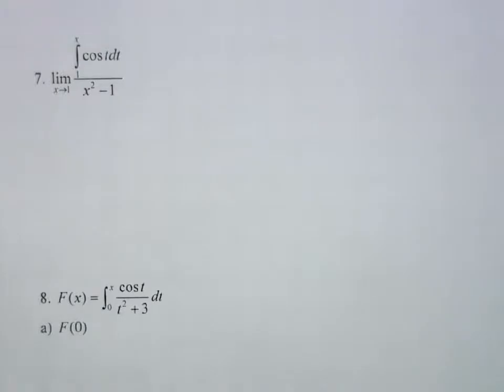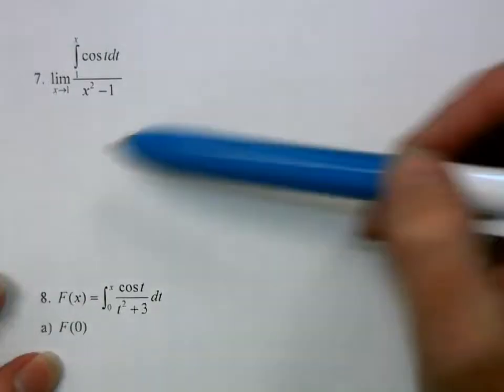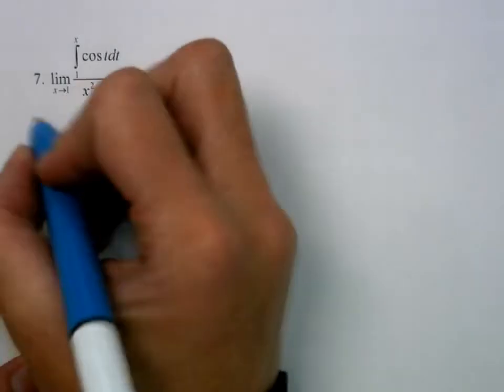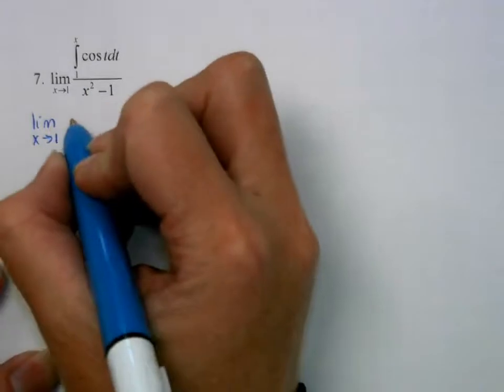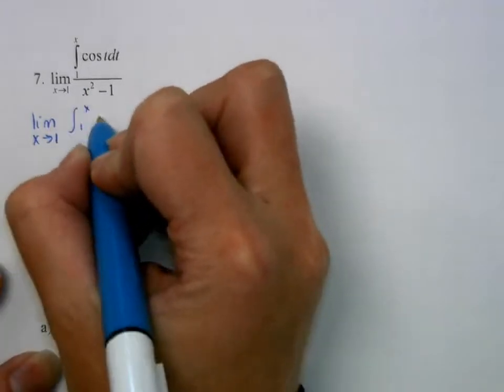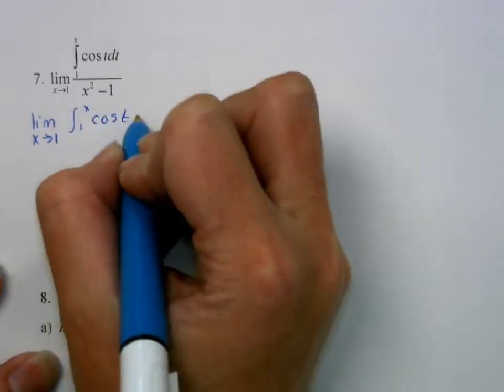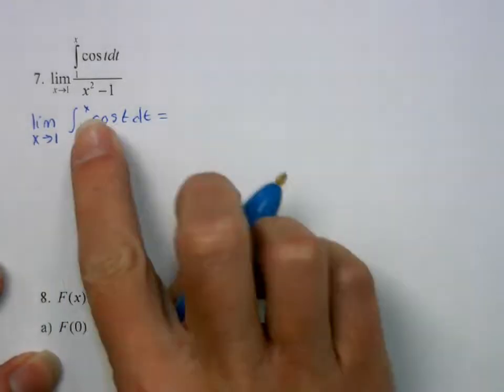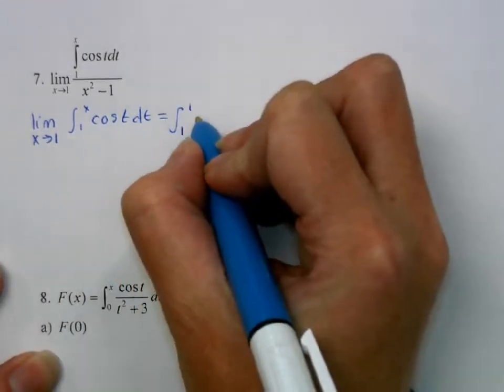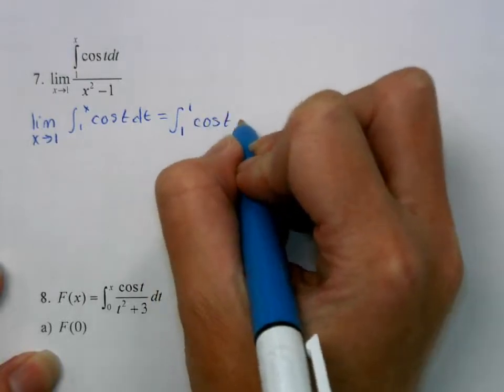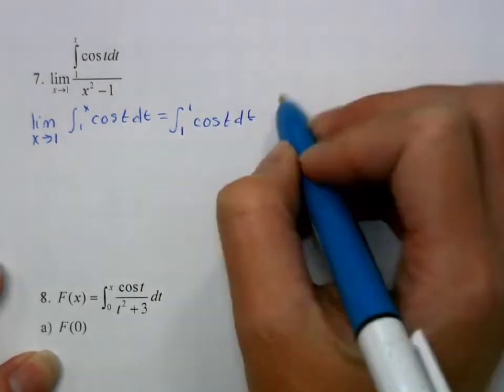All right, so now we're getting fancy. We've got a limit with an integral. So first I'm going to look at what happens as I plug in 1 into the top and the bottom. Well, if we plug in 1 for x, that's going to be the integral from 1 to 1 of cosine of t, which is going to be 0.